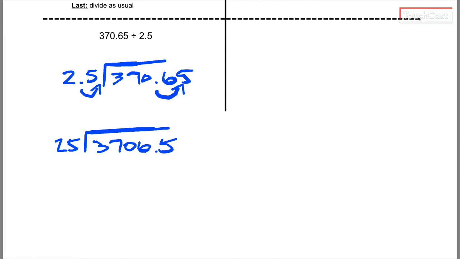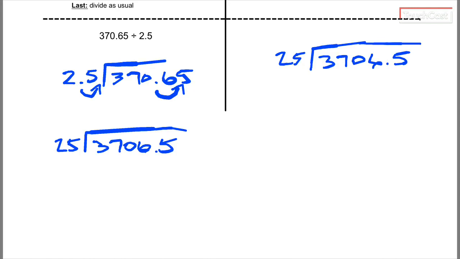Okay, and we're going to start our long division process. So let's rewrite the problem here on this side. And let's start our division. 25 goes into 37 one time.